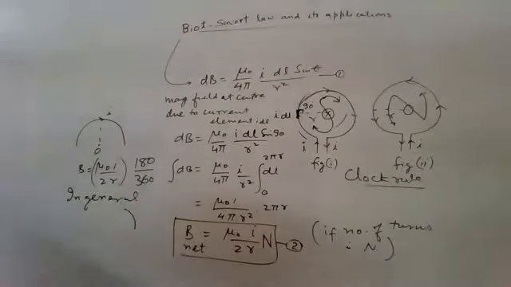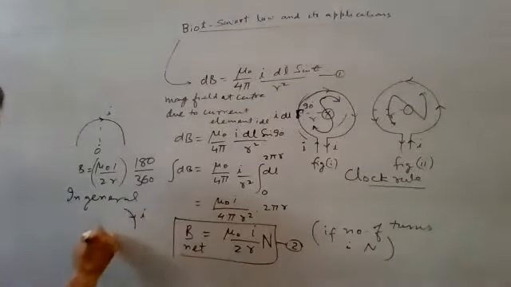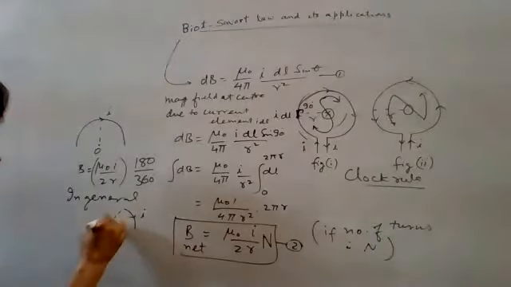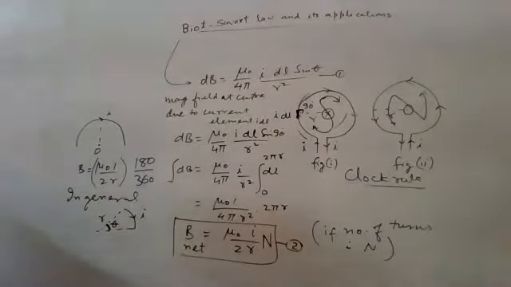suppose this is the portion only. It is not the half, it is not 1/3, it is not say 1/4, but any. And this is the current I, and this is the radius, suppose R here, and this angle at the center is say theta.